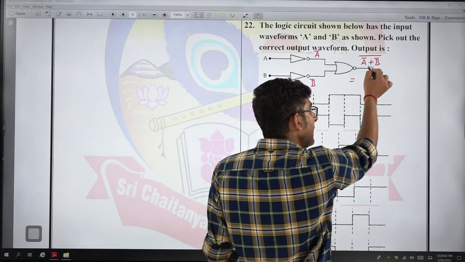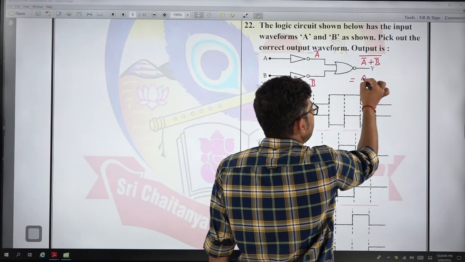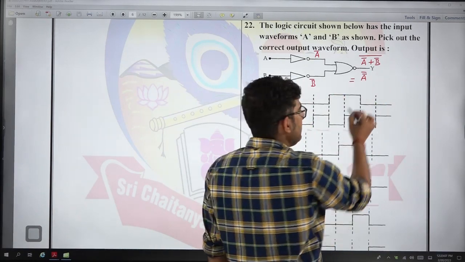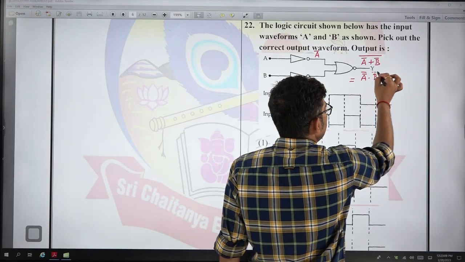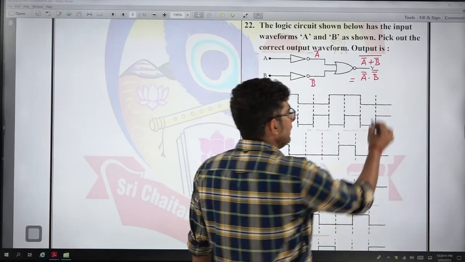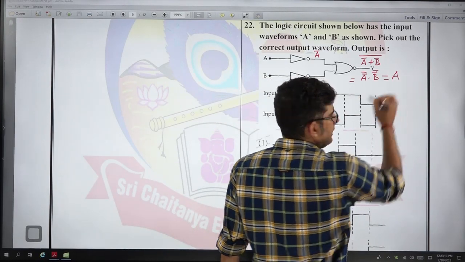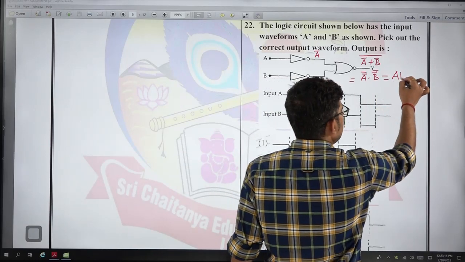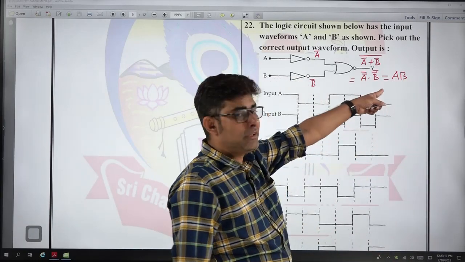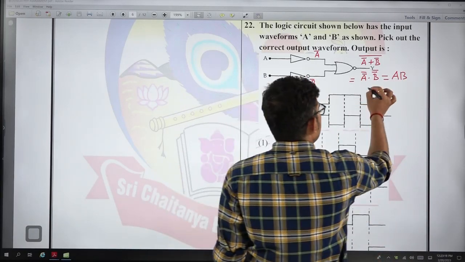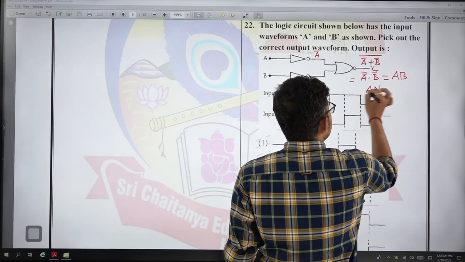But here you have A bar plus B bar whole bar, so you can write it as A double bar into B double bar by De Morgan's law. But A double bar is nothing but A only and B double bar is B. So it becomes how much? AB. AB means what operation? AND operation.